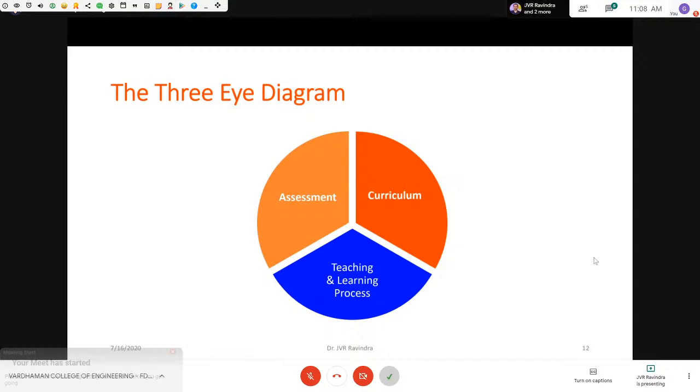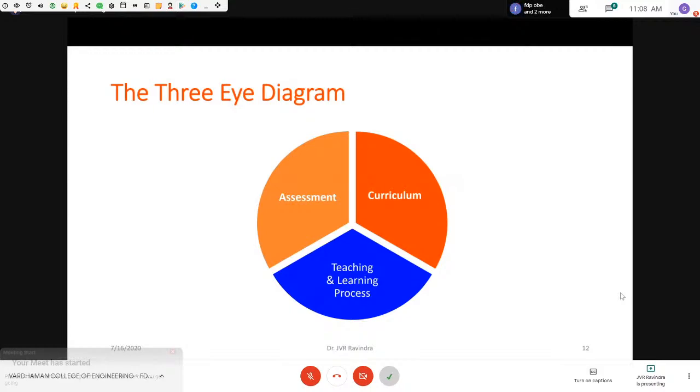This is where some people will really raise a point. What they say is, sir, how can we assess the students? Because the assessment is in the examination department's hands. Then how do we assess it? See, I'm not going to the examination branch to talk about all those things.